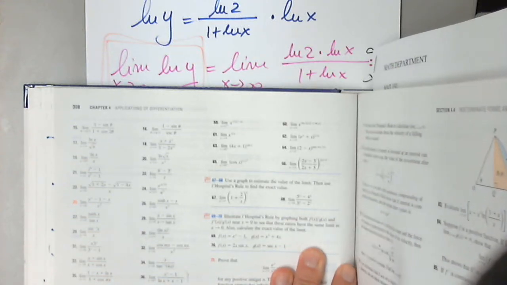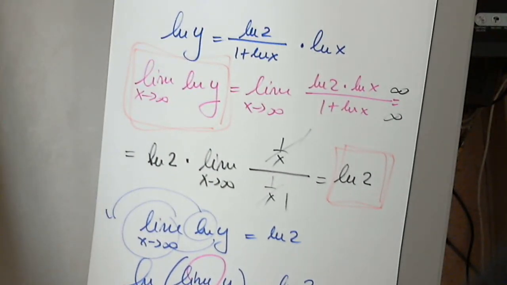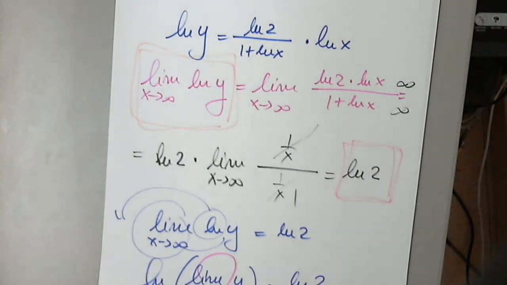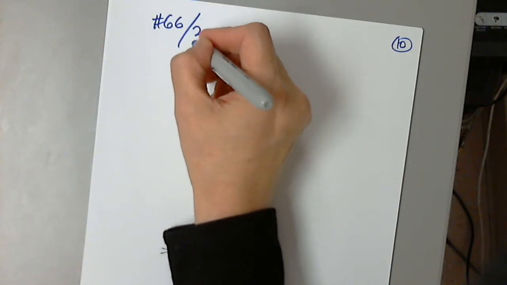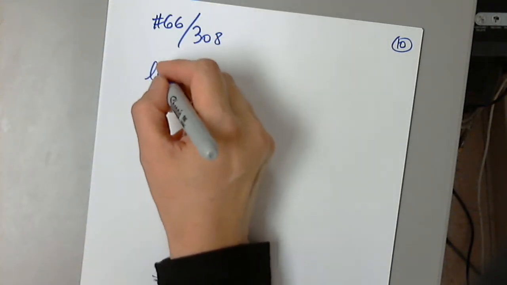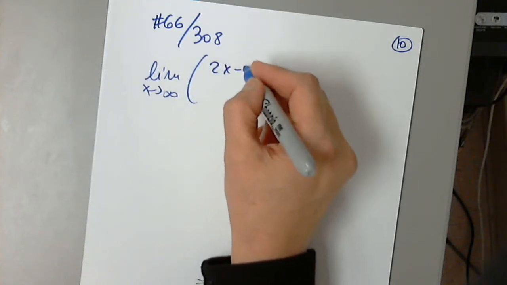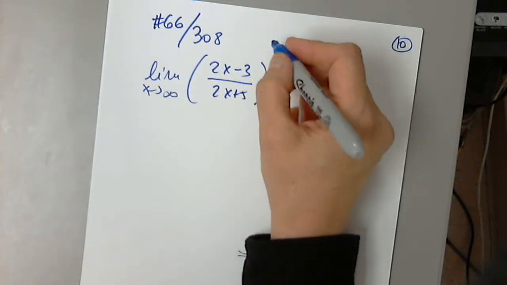Page 308, number 66. And that is limit as x approaches infinity, 2x minus 3 over 2x plus 5 raised to 2x plus 1.